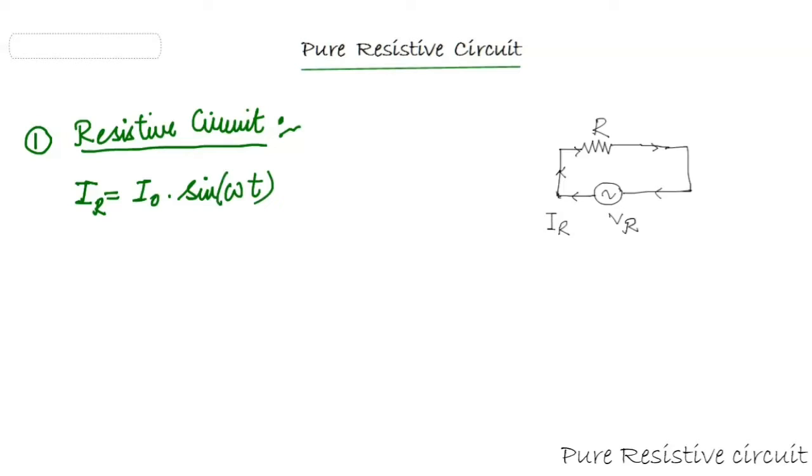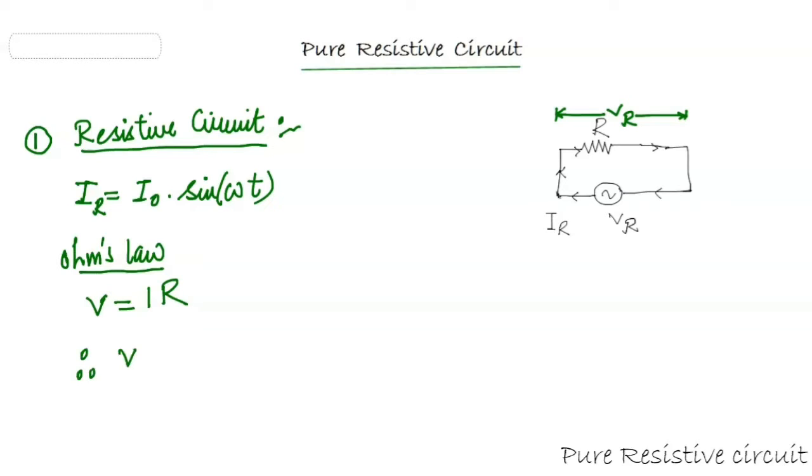We need to find the value of VR, the voltage or potential drop across R. From Ohm's law, we know that V equals IR. Therefore VR equals I across R into resistance.